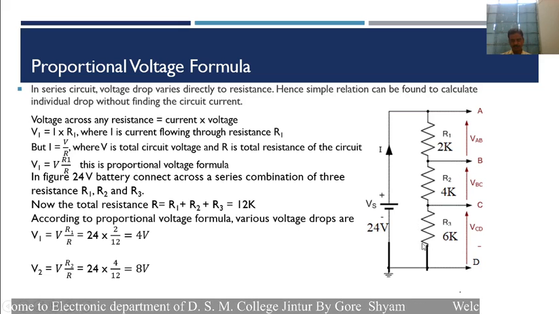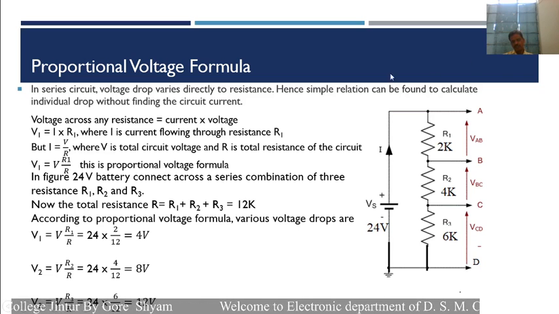Similarly, let us find the voltage across the resistance R3, the 6 kilo ohm resistance. V3 is equal to V into R3 divided by R, which is 24 into 6 divided by 12, equal to 12 volt.